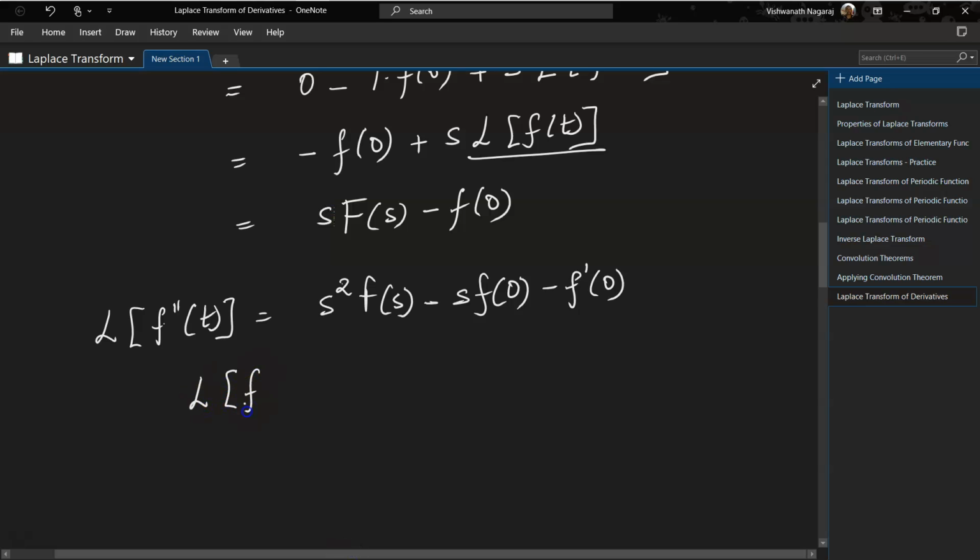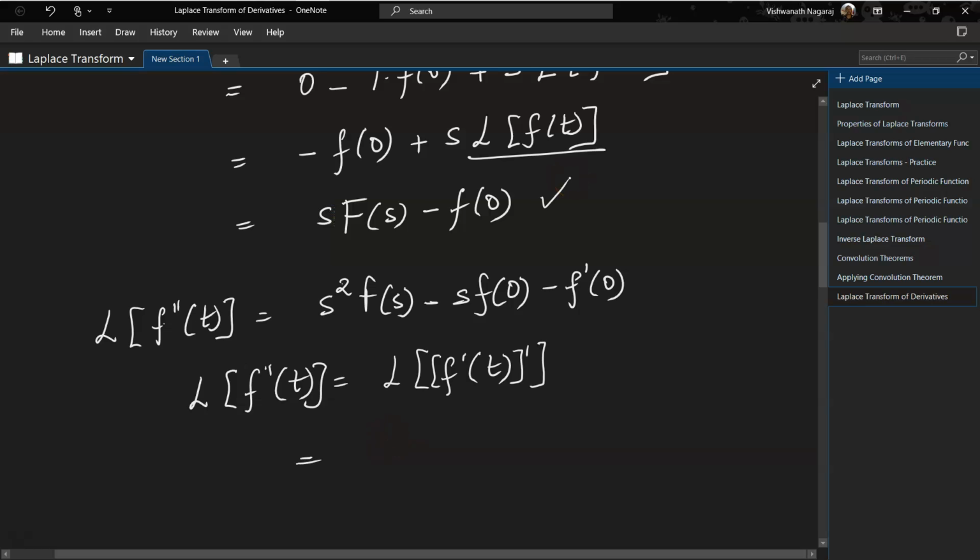Laplace transform of f double prime of t, we can write this as Laplace transform of f prime of t, whole prime. Yes, we can write it like this. So let's write the Laplace transform.